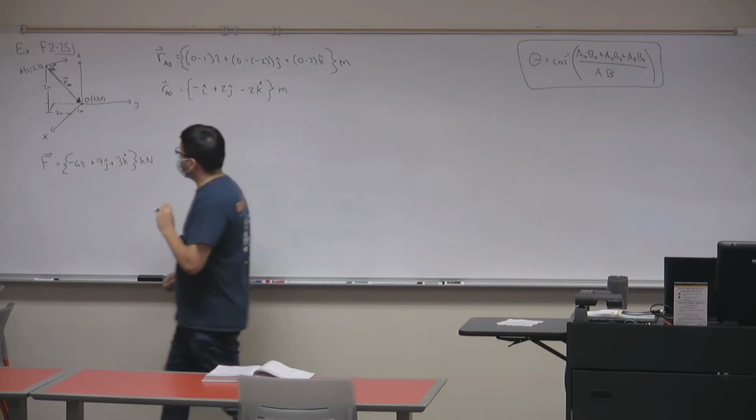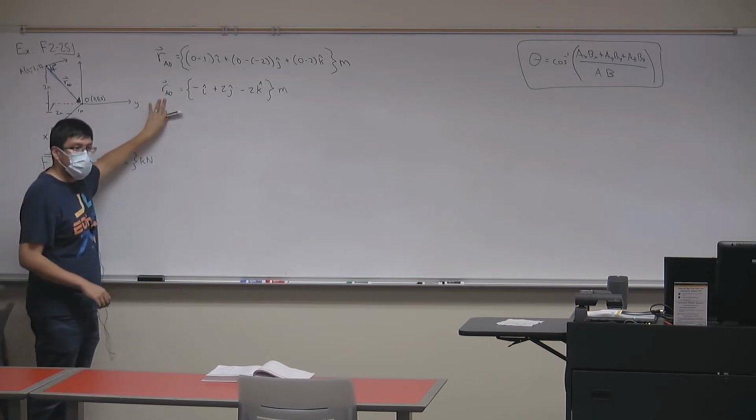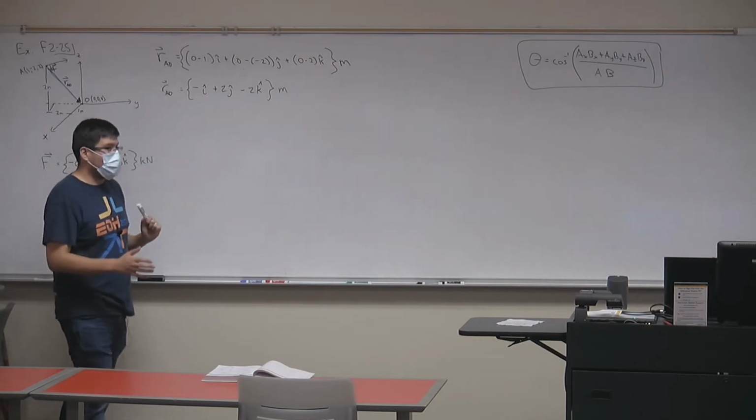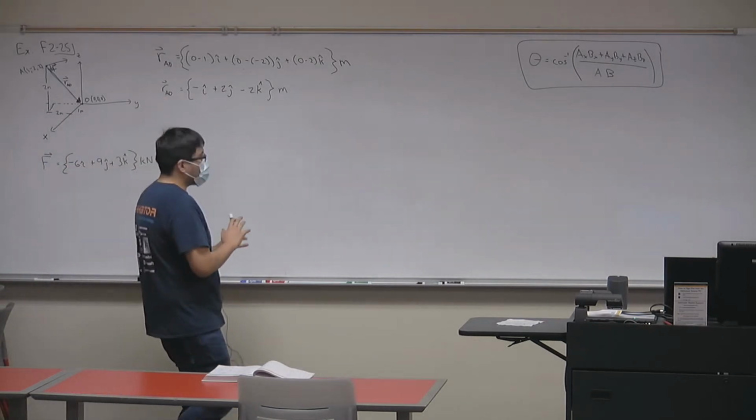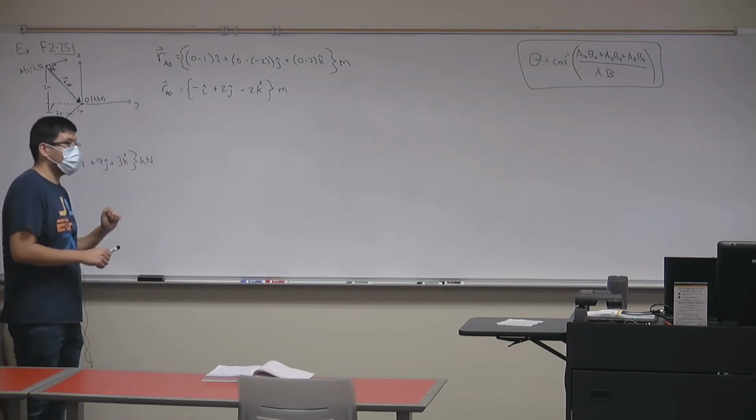Because remember that we want to calculate the angle between them. We could find a unit vector here and calculate the angle between this unit vector. However, is that really necessary? Or can we just go straight to calculating the angle? Find the dot product. Okay. We can find the dot product simply using this one. Your answer is not wrong, right? It's just that it's a little bit of some extra steps. However, we will go back to that later in just a second.